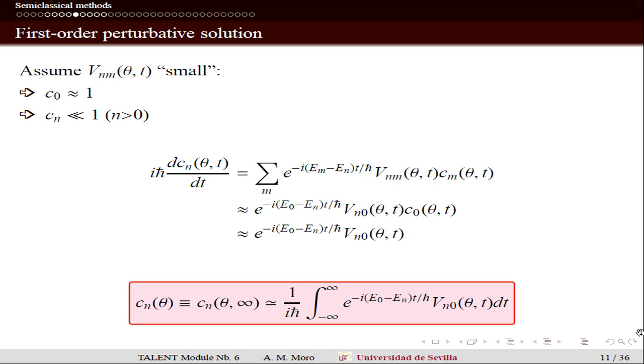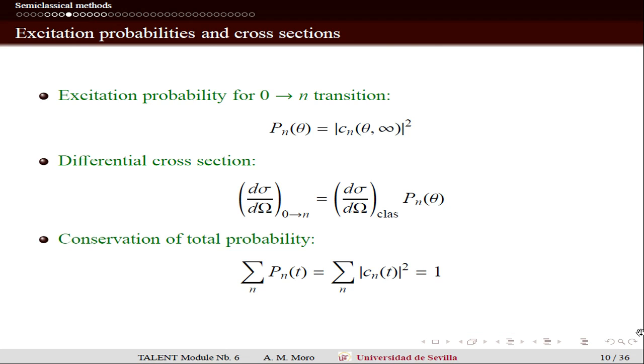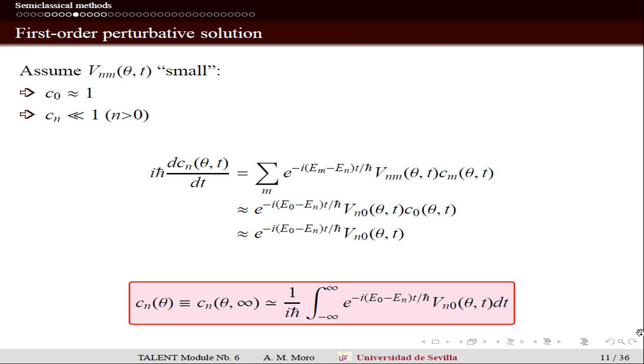So imagine that this VNN is a short notation for these coupling potentials. Imagine that in this equation, these VNN are small quantities, so they are weakly coupled between them. We have very small probability of getting out of this elastic channel. So we start in the elastic channel, in the ground state of the system, and there is very small probability of exciting the system. So this means that the coefficient C0 that corresponds to the ground state will be close to 1.